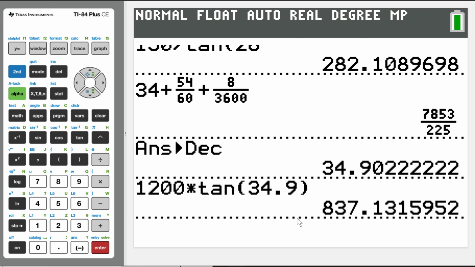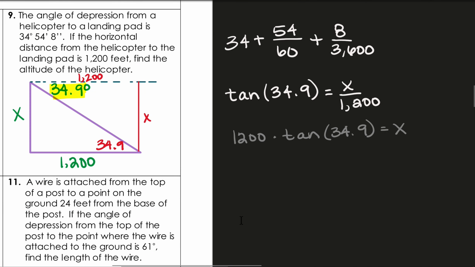And I get 837.13, or you could say 837.1. So this would be 837.1 feet in the air.